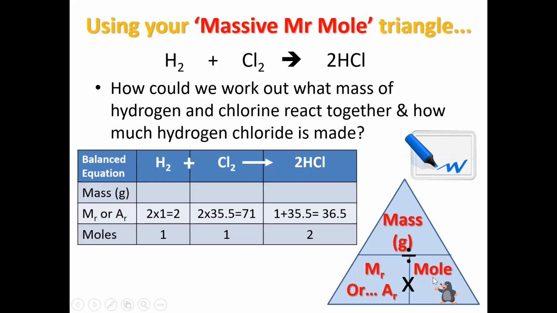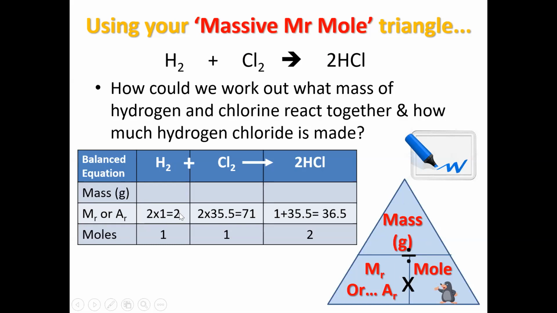So obviously we know that if you cover up moles here, it's mass divided by relative formula mass. And if the mass is what you're trying to work out, if you cover up mass, you can do relative formula mass times moles.